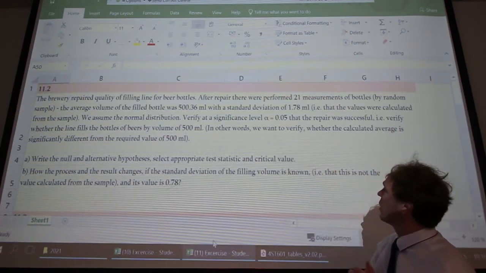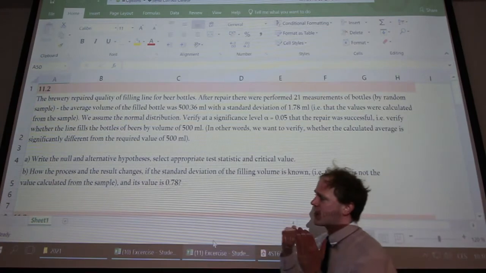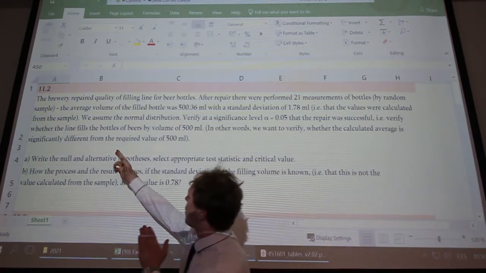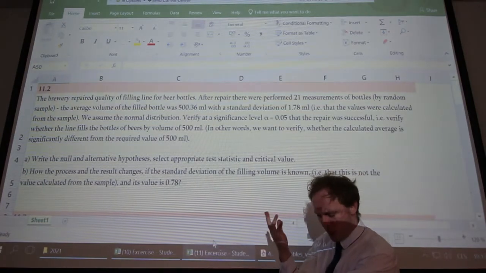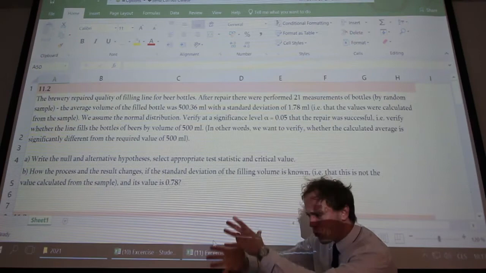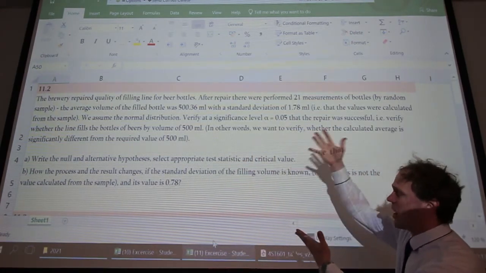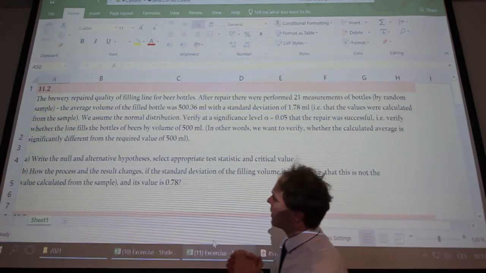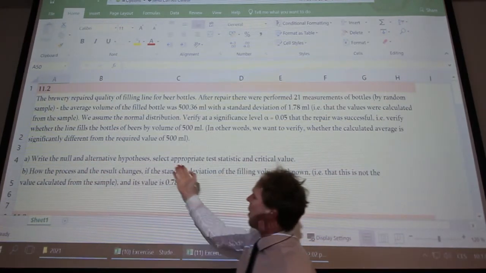In other words, we want to verify whether the calculated average is significantly different from the required value of 500 milliliters of beer.